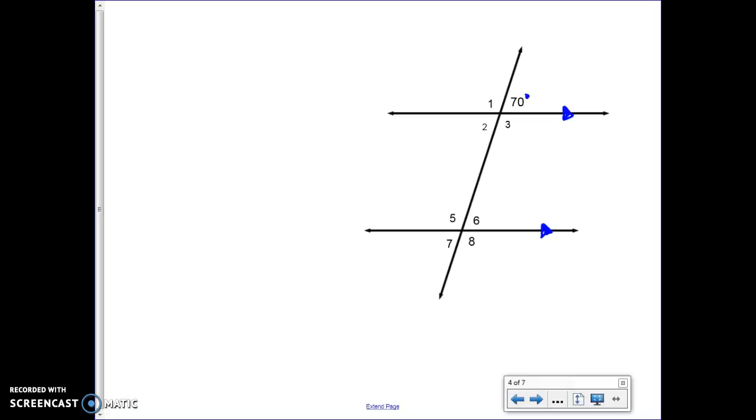So I want you to write out on your paper the measure of angle 1, measure of angle 2, and so on. And I want you to tell me what those angle measures are, as well as how you determined that. What postulate or theorem did you use?